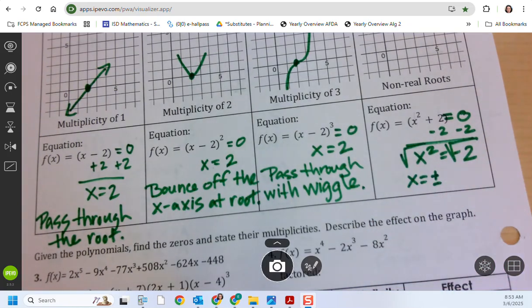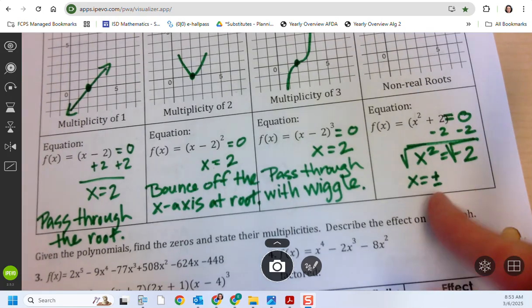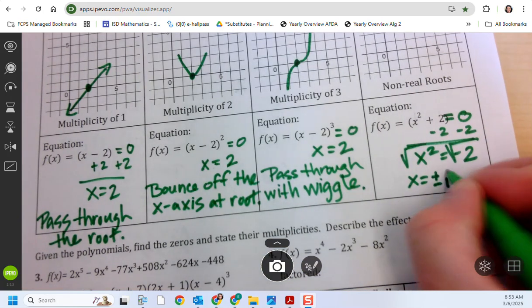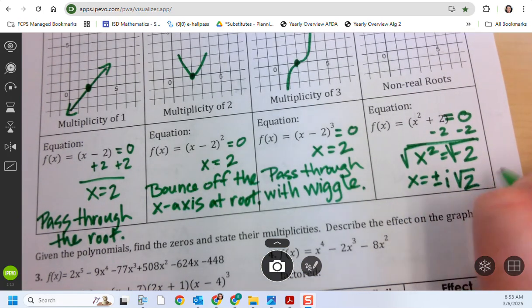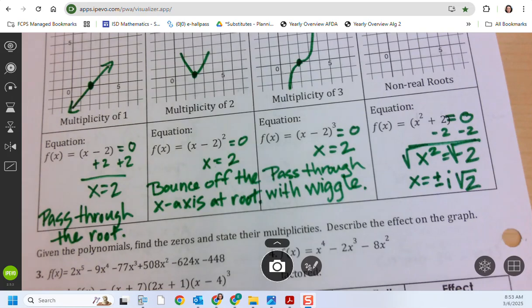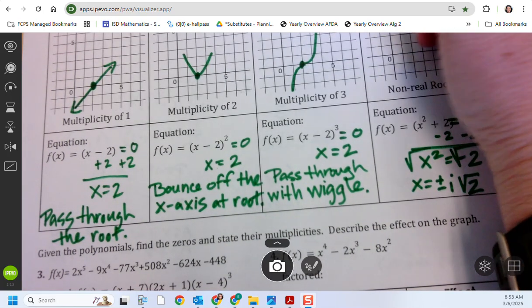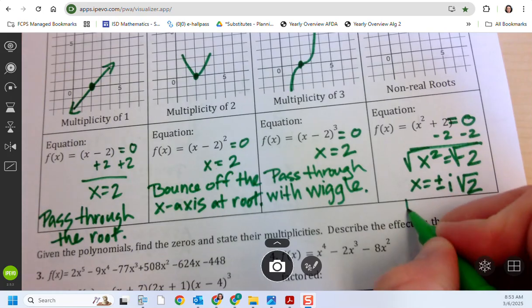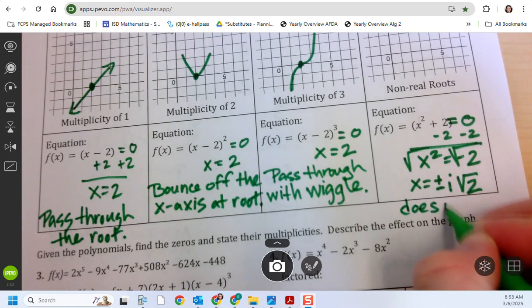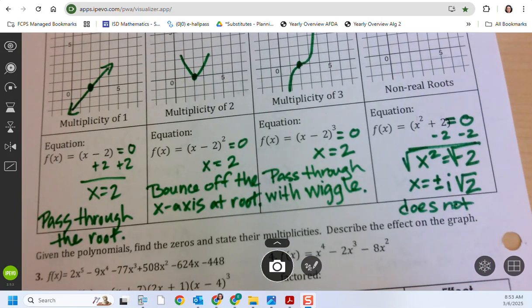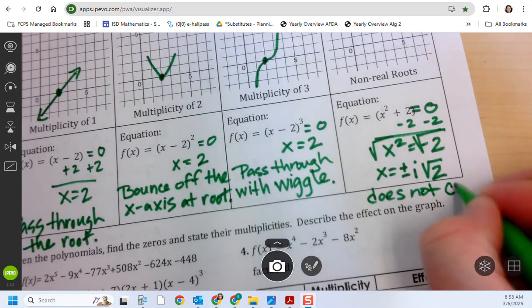Remember how I said imaginary roots come in pairs? That's why, because of the plus or minus. So you're getting imaginary roots. Do imaginary roots cross the x-axis? No, good. All right. So it might be something like that. Does not cross the x-axis.